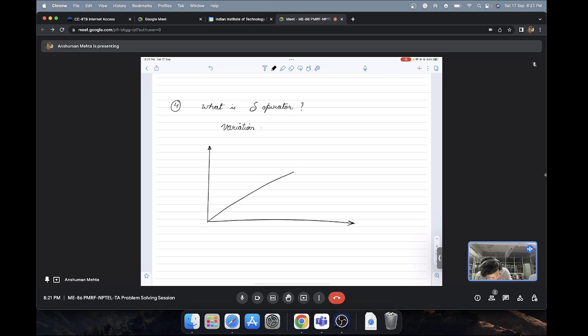let's say this is a 3D diagram, and this is y, this is x, and this is z, and there is some surface. Let us take this as y, and this is z, such that z is a function of x and y.